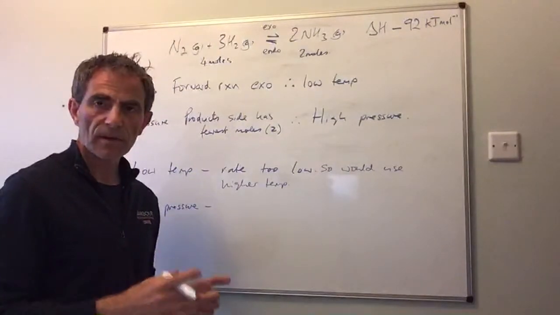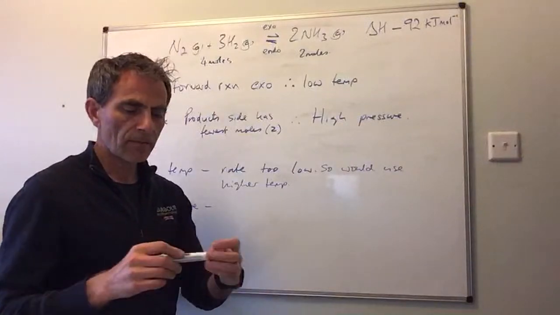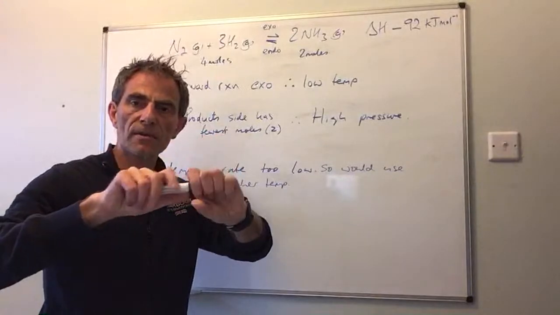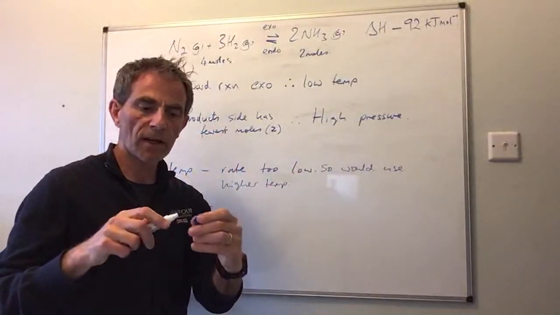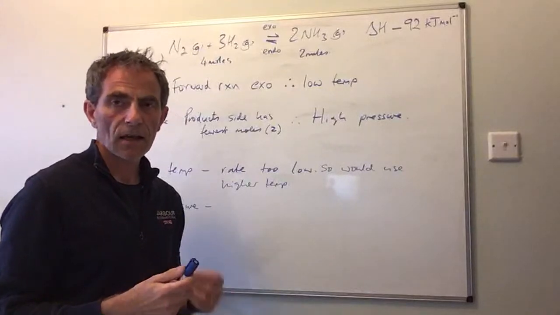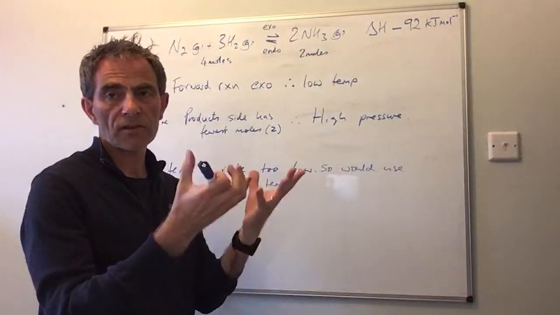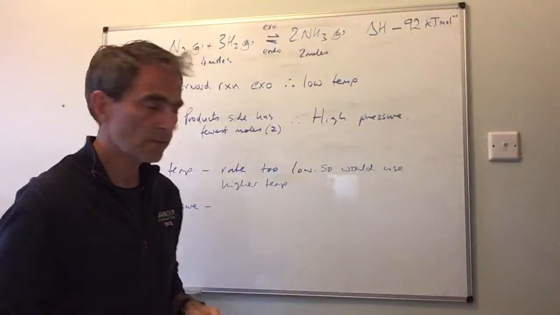The process becomes very problematic at high pressure, because if you think about the pipes, the joins in the pipes, high pressure is going to burst the pipes quite easily, so the maintenance costs are going to be quite high, and also it's a risk. The higher the pressure, the more dangerous the process would be.